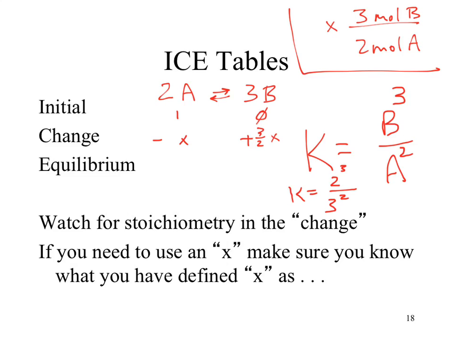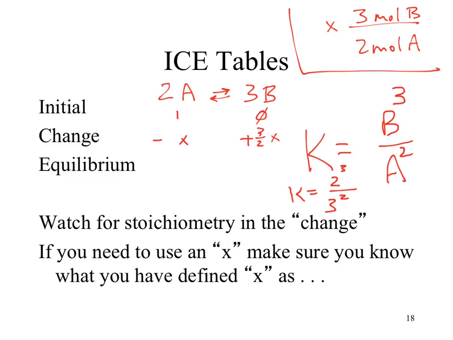If I asked for the concentration of B, and I solve this problem right now, I get x. Is x equal to B? No. 3/2 times x is equal to B. That makes sense? So whatever you decide to be your change, you need to make sure that you apply that appropriately when you solve for your answer.